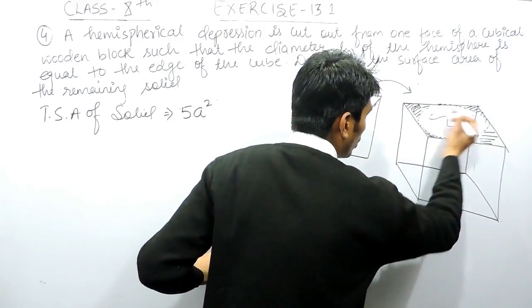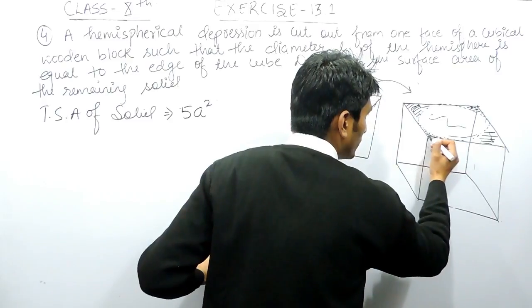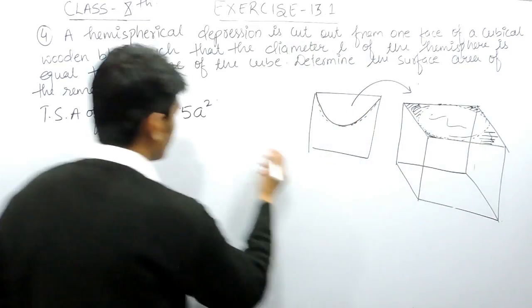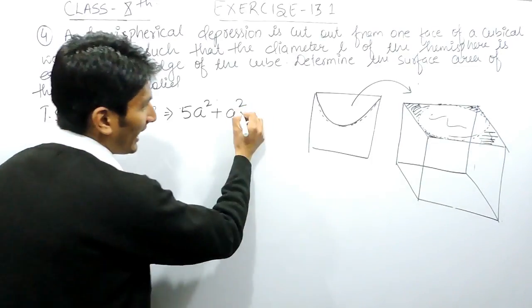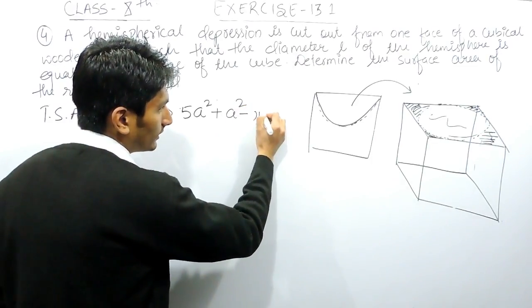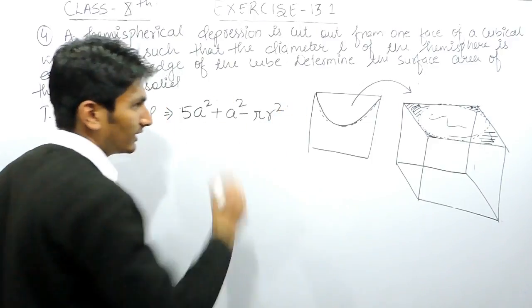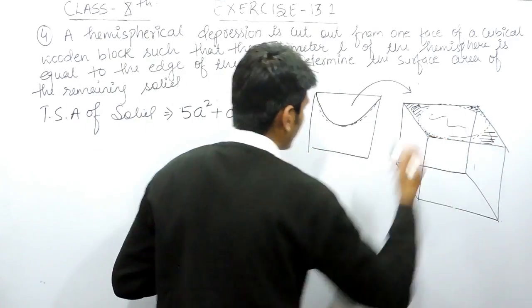From the 6th face I have to subtract the area of the circle, which is pi r square.